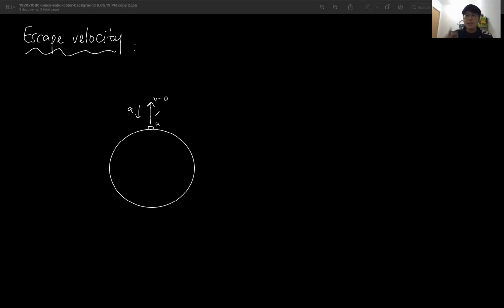Now, let's say I launch it the second time. I want to throw this object so that it can leave the Earth. Now I give it a larger velocity, u. Let's say I give it 1,000 meters per second vertically up. Now, what is the gravitational acceleration? We'll just take 10 m/s². Every second, minus 10. So how many seconds up?